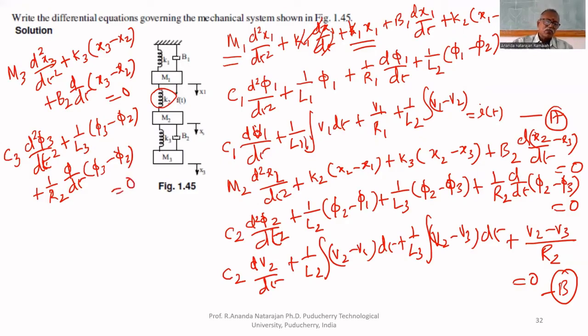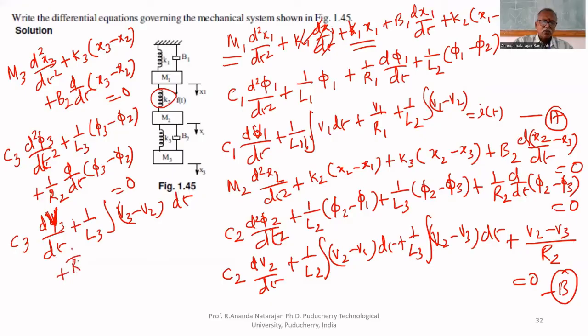Now, if you write in terms of voltage, d phi by dt equal to V. Using that, you will get C3 dV3 by dt plus 1 by L3 integral of V3 minus V2 dt plus 1 by R2 multiplied by V3 minus V2 equal to 0.